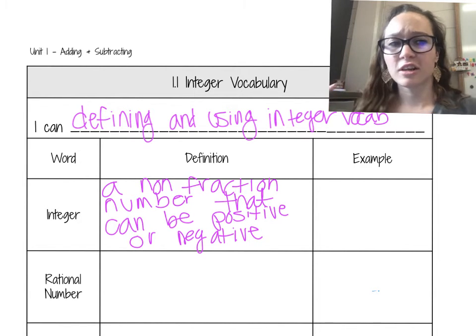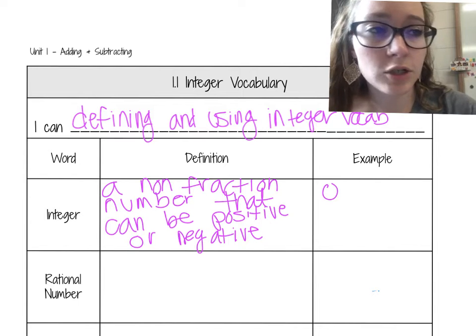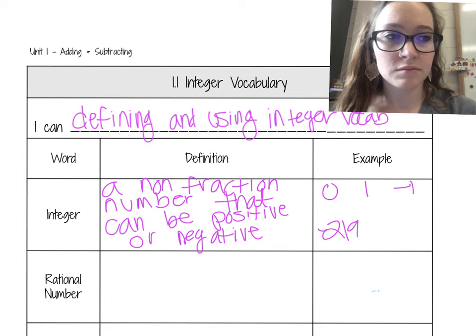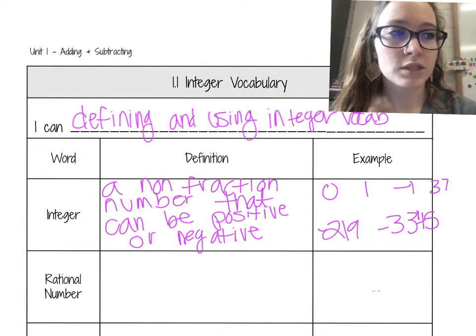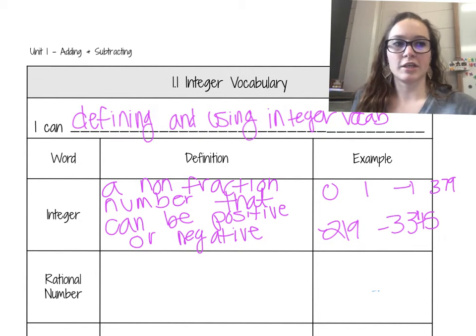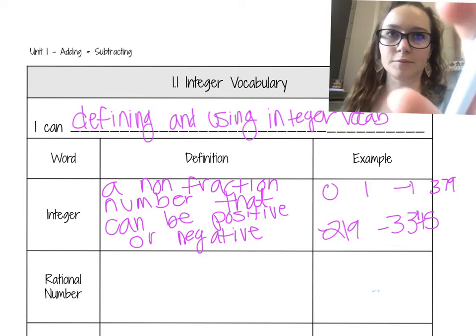So not a fraction, not a decimal. It can be 0, can be 1, it could be -1, -219, -3,345. Could be 379. Just any number that's positive or negative, not a fraction, not a decimal.